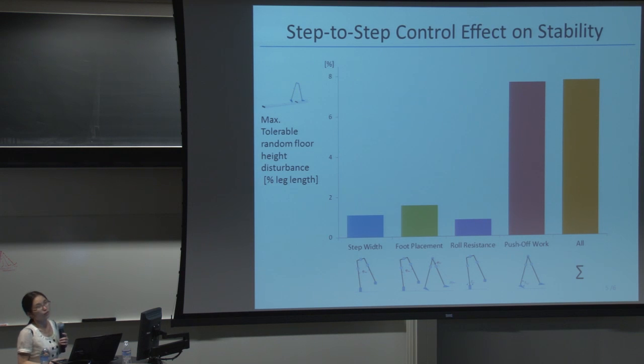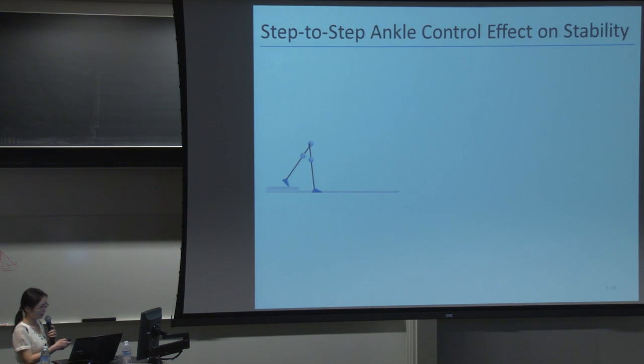But of course, this is just a result of a specific controller type and particular disturbance types. If we use a different controller and different disturbance, we might get different results. And we have seen many results that using foot placement, a model can recover from very large disturbance.